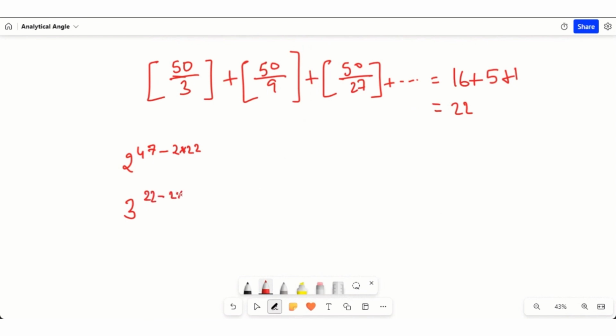So the highest power of 2 becomes 2 to the power 3, and the highest power of 3 becomes 3 to the power 2.